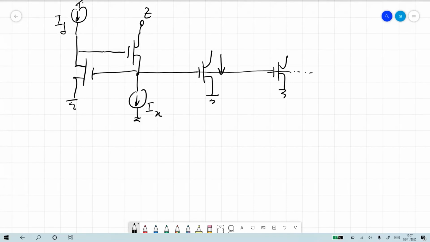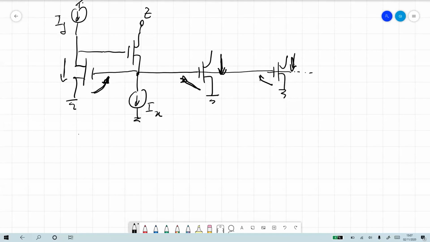So again, remember, if we have this VGS here, it's the same VGS here. So whatever current is flowing through this transistor will be the same current flowing through this transistor and the same current flowing through this transistor and so on.